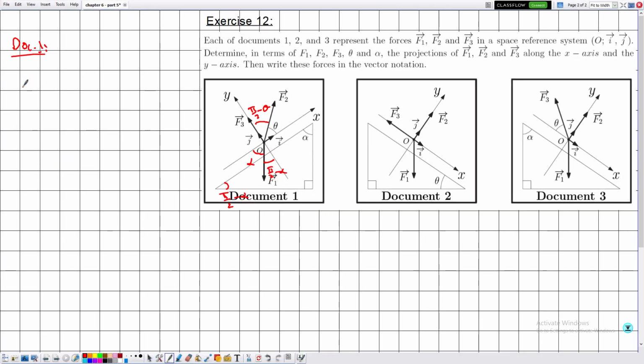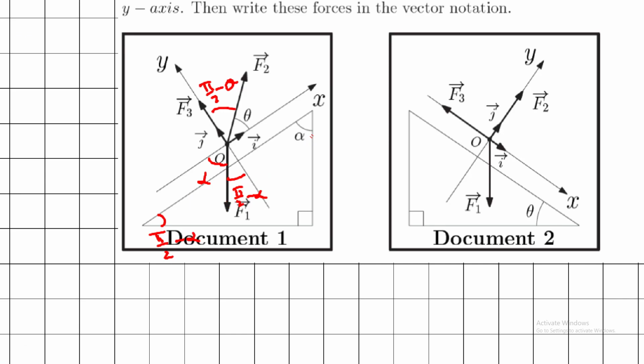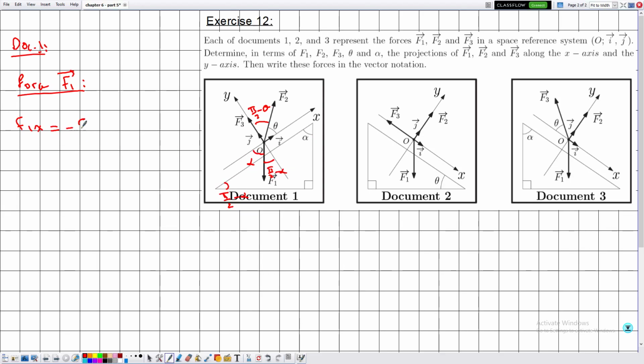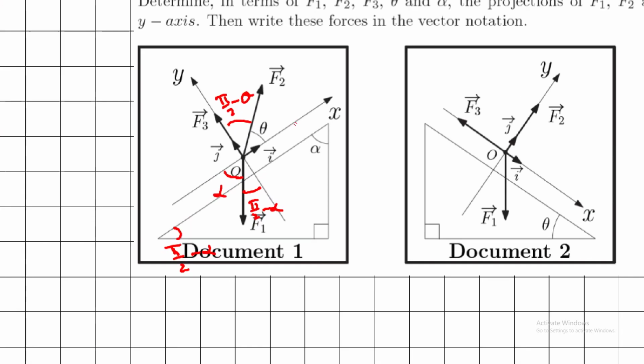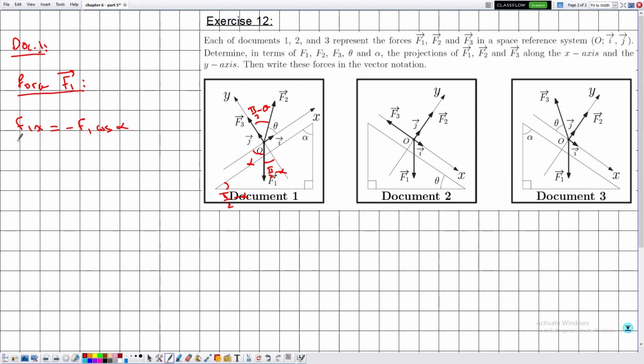Okay, so now let's start projecting, starting with the force F1. So F1x: notice that in this case, F1 is pointing in the negative direction of the x-axis, so it's minus F1 multiplied by the cosine of the angle between the x-axis and F1, which is alpha, so cosine alpha.